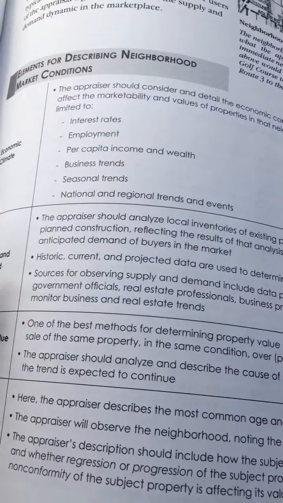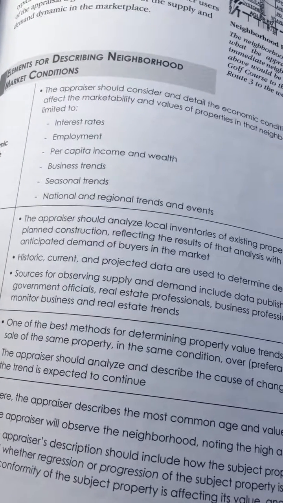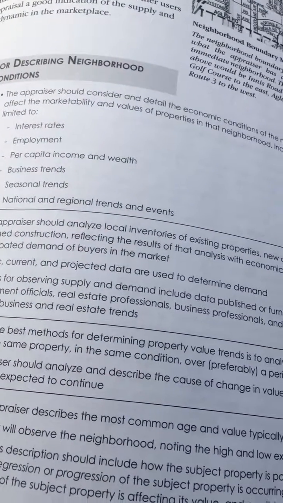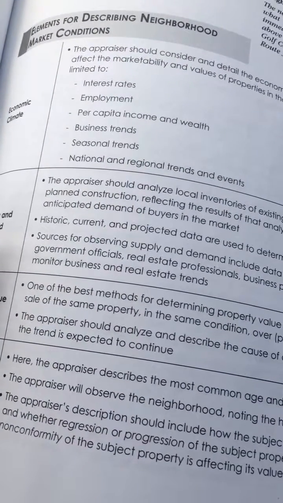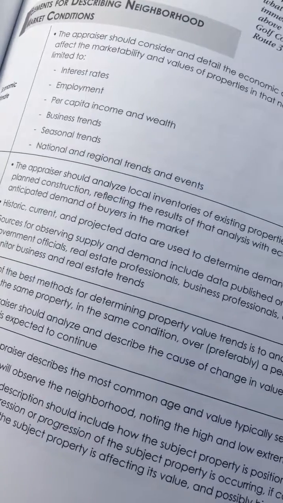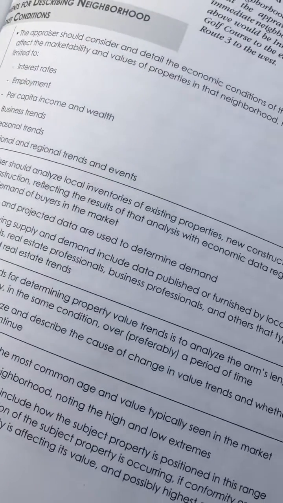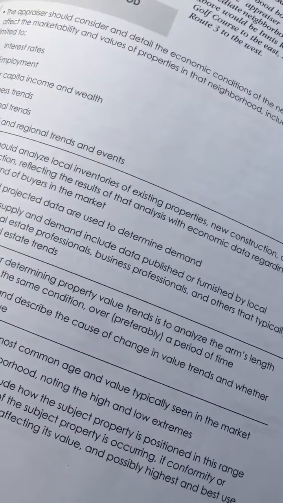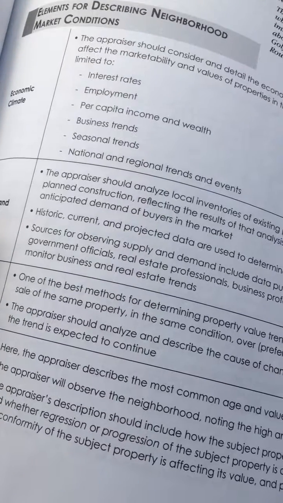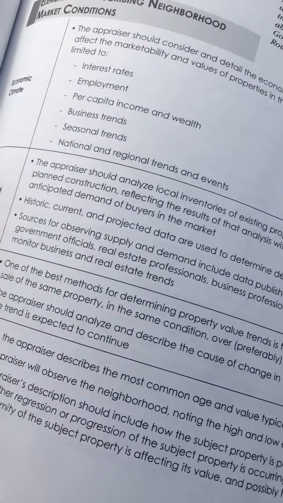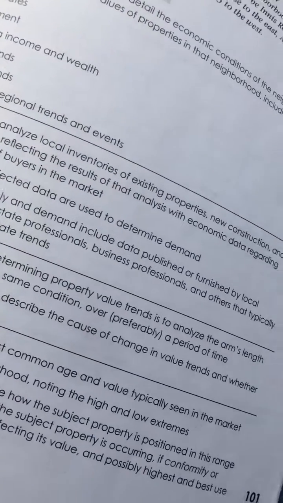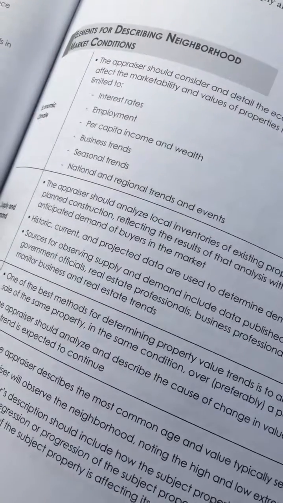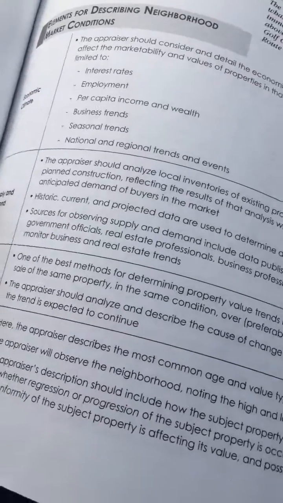Historic, current, and projected data are used to determine demand. Sources of observing supply and demand include data published or furnished by local government officials, real estate professionals, business professionals, and others that typically monitor business and real estate trends.